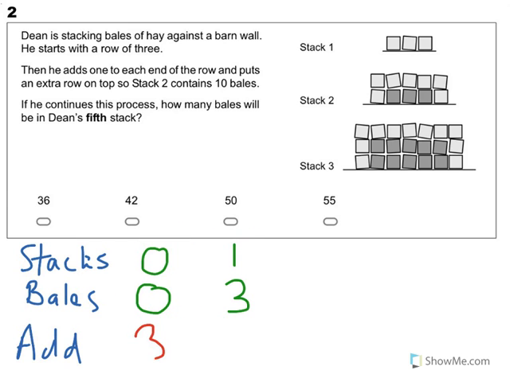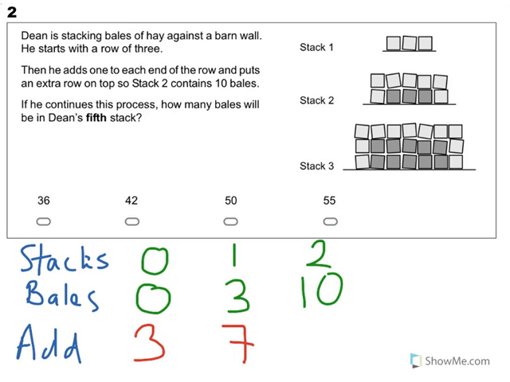I added 3. Okay? And if you have a look at the next one, we have 2 stacks with 2, 4, 6, 8, 10 bales of hay. So I needed to add 7 to the first stack to get the second stack.